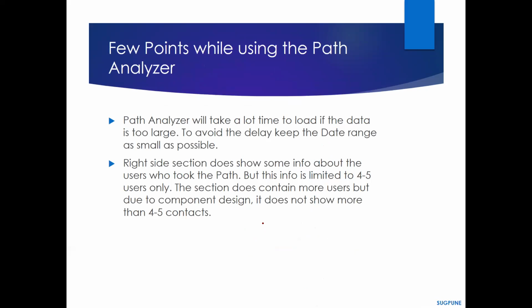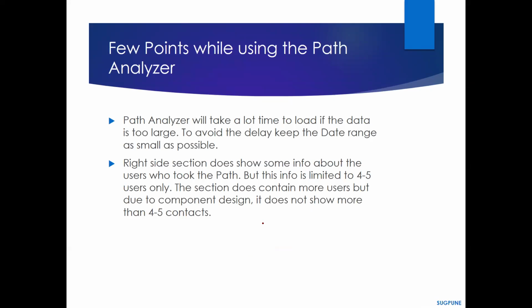So my suggestion would be, whenever you are working with Path Analyzer, try to keep the date range as small as possible. I always use it with the last 1 week of data. I don't use more than 1 week's data. If I really need data for the last 6 months, I select it, see all the information, then apply the funnel, and then go back to the date range to change it.